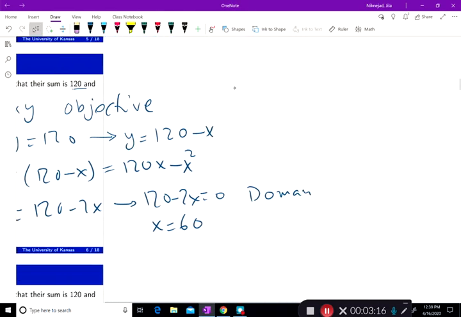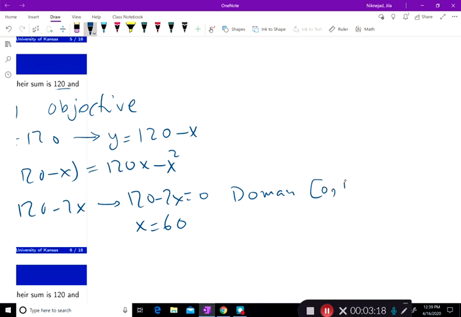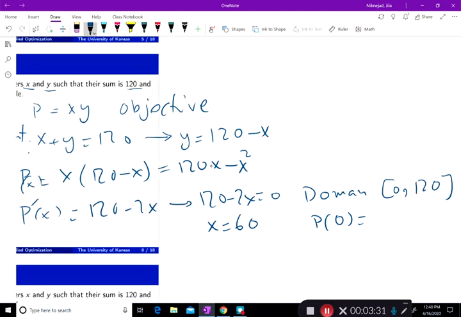So domain is 0 and 120, closed bounded method, and I have to check P at 0, which, if I compute right here, I get 0. P at 120, again, if I plug it in, I get 0.